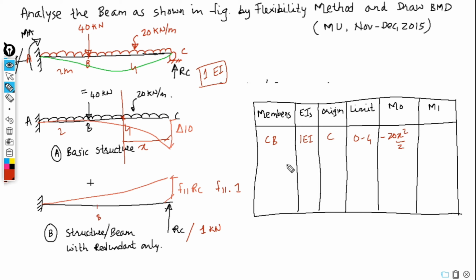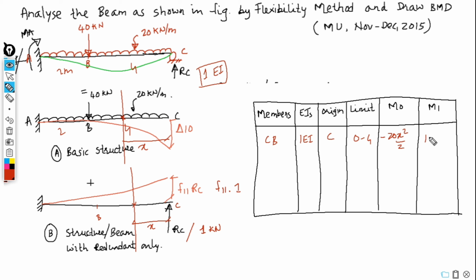In M1 for CB, you have to take a section in member CB. Since C is the origin, define X distance from C. So here the bending moment will be 1 into X, creating anti-clockwise moment, positive. 1 into X.